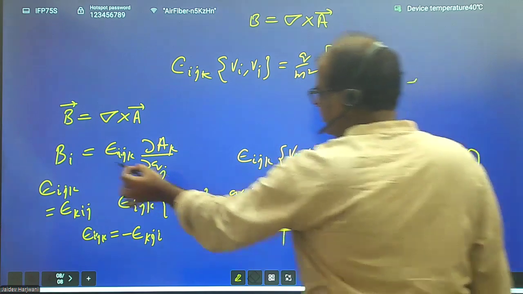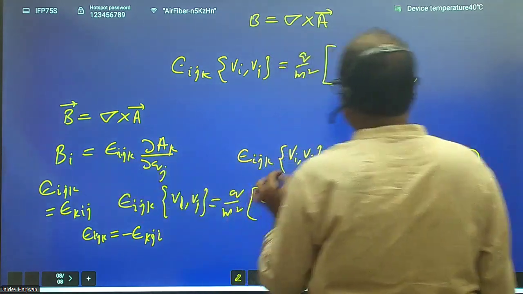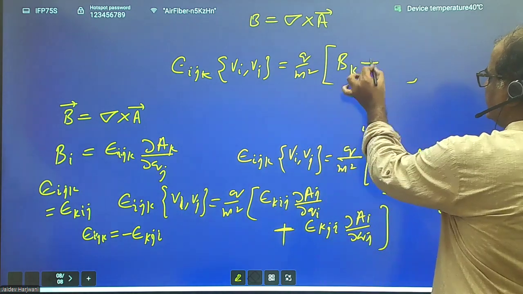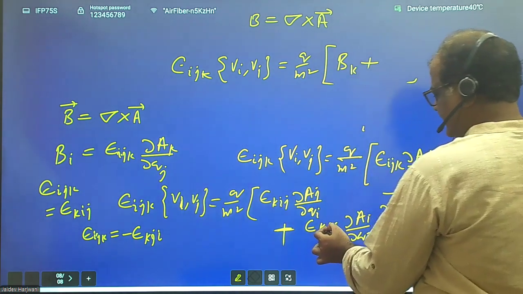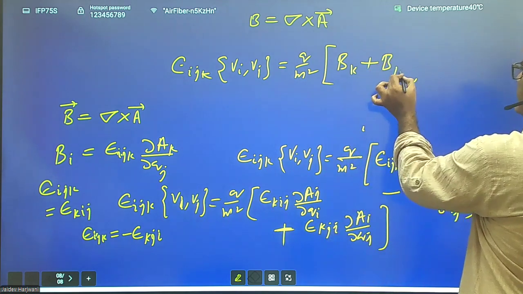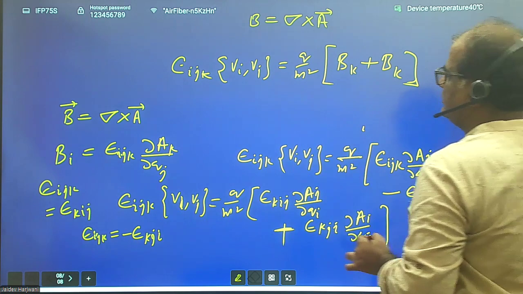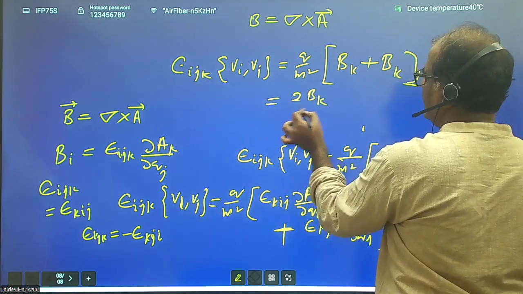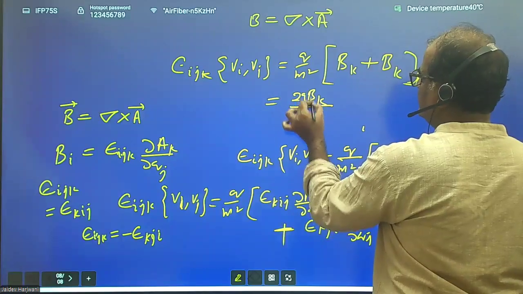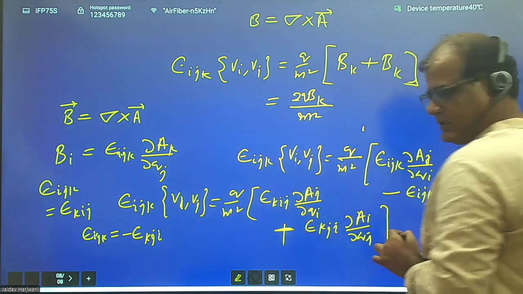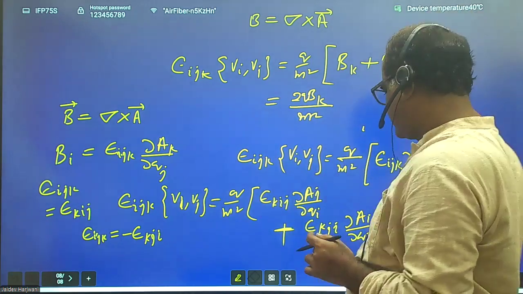This is the Bi component here. This is the Bk component, so this is Bk. Similarly here again, k is here, j is down, i is up. This is also the component Bk. So now this becomes 2Bk upon m square times q, that is 2q Bk upon m square. This is the correct solution for this question.